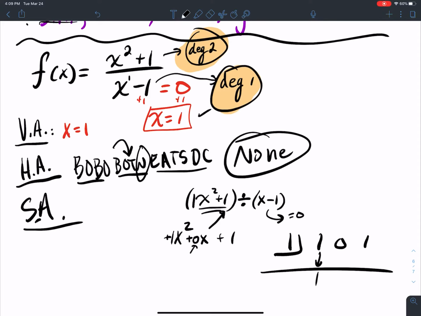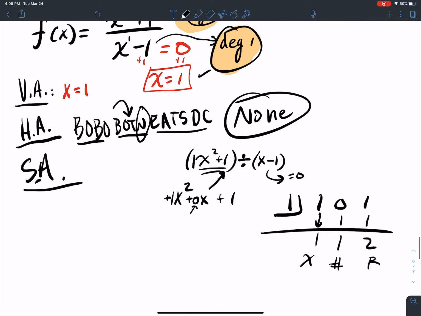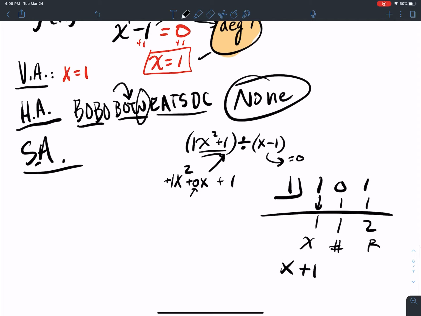Drop the 1. 1 times 1 gets me 1. Put the 1 there. Add 0 and 1, I get 1 again. 1 times 1 is 1. Add it here, I get 2. Remember, this is the remainder. This is my number. That's my x. So I have x plus 1 plus 2 over, what did I divide by? x minus 1.